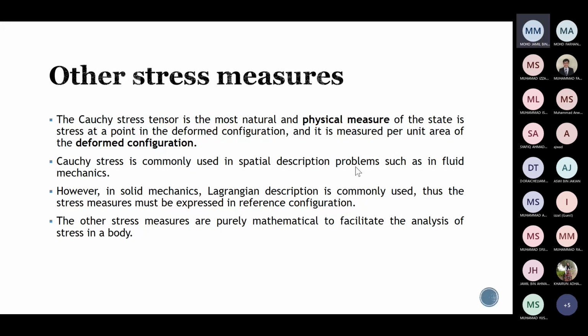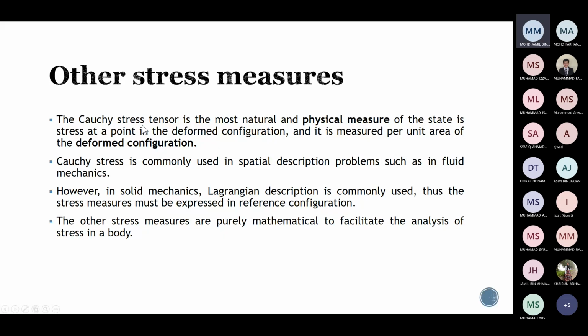When you use different surface area and different force, of course there will be a different stress measure as well. So we have learned about the Cauchy stress tensor. In this slide, we are going to look at the different stress measures other than the Cauchy stress tensor.